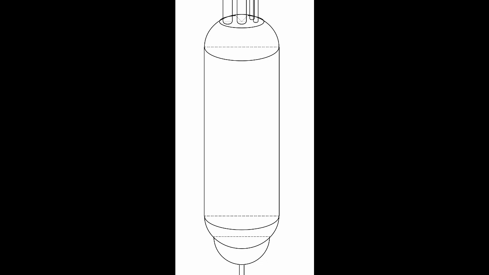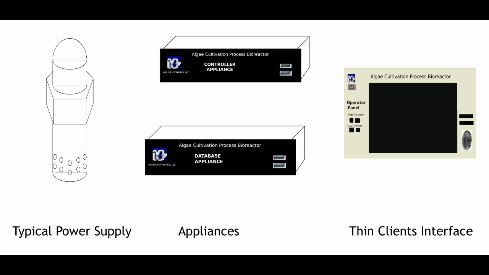By this rationale then, the sequence of considerations starts off with the biofuel-borne power supply as in the technology bank, given that the appliances by which the features of the power supply are augmented have the same design, internal software architecture as the controller and database appliances of the algae cultivation process bioreactors.